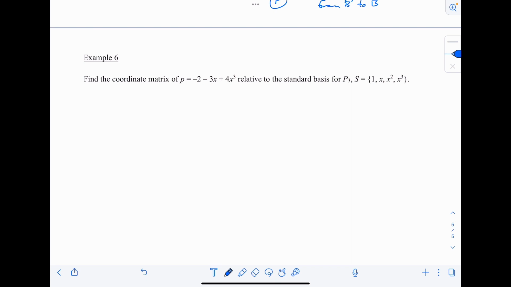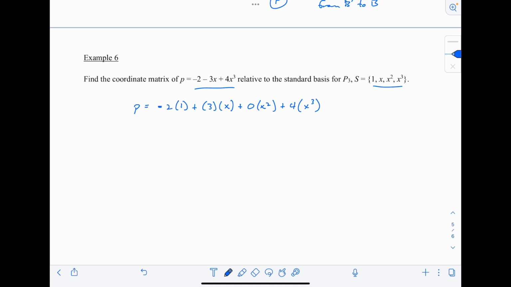All right, so in order to take p using the standard basis here, the first term, -2, would be multiplied by 1. And then I'd have plus a negative 3 times x, and then plus 0 times x squared, and then plus 4 times x cubed.